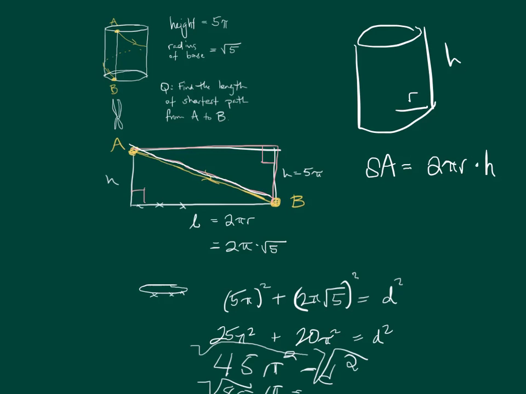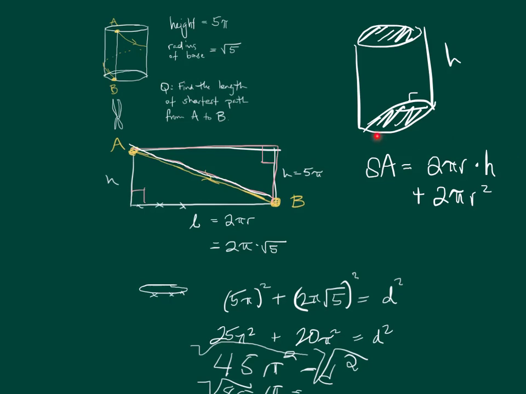That's the area of this rectangle right here. And then plus, I've got 2 circles, one on the top and one on the bottom, so that's 2 pi r squared.